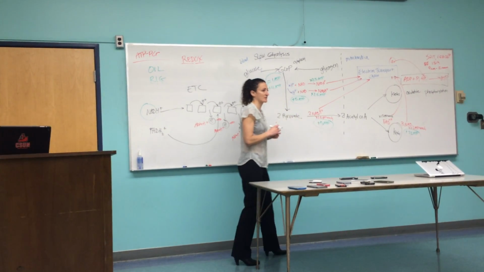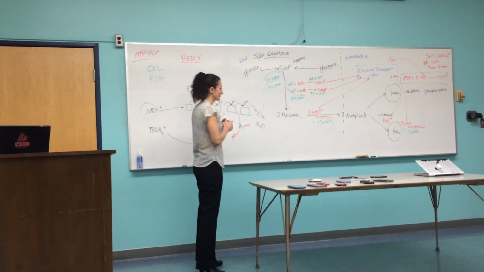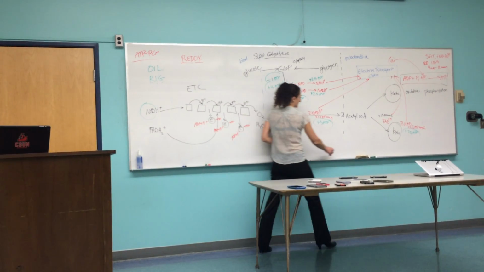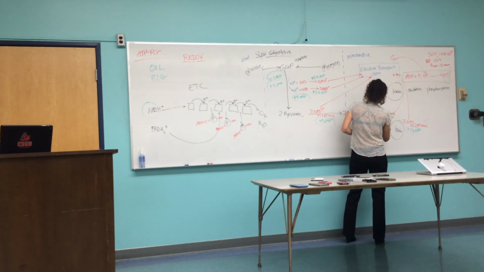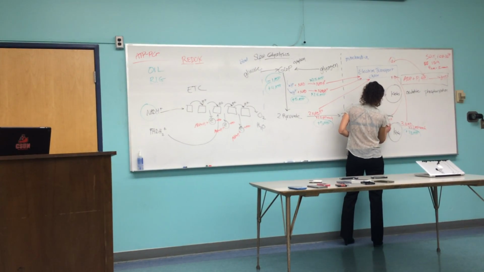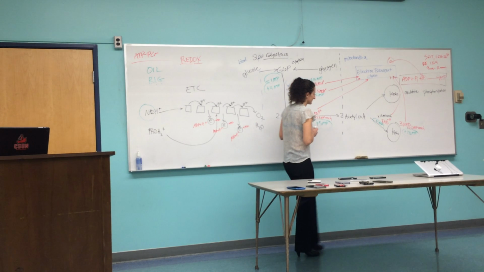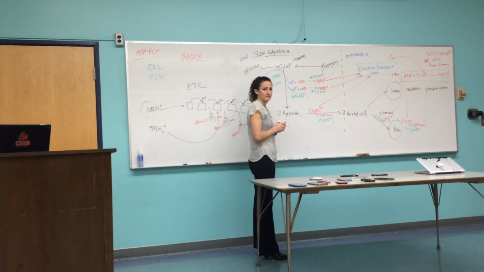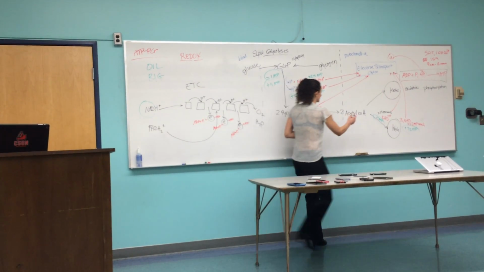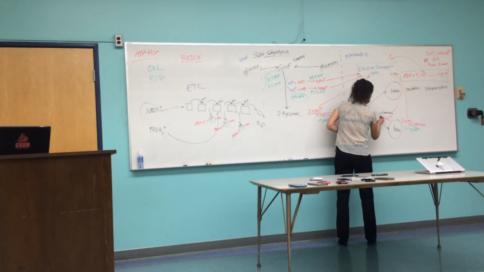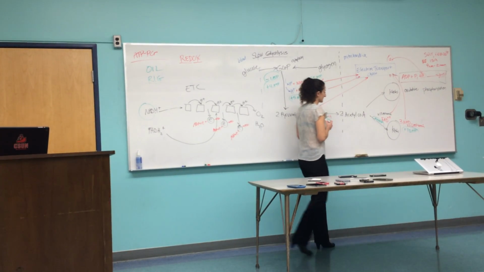And we just have 1 right there in the Krebs cycle. So I'm going to say plus 1.5 ATP.